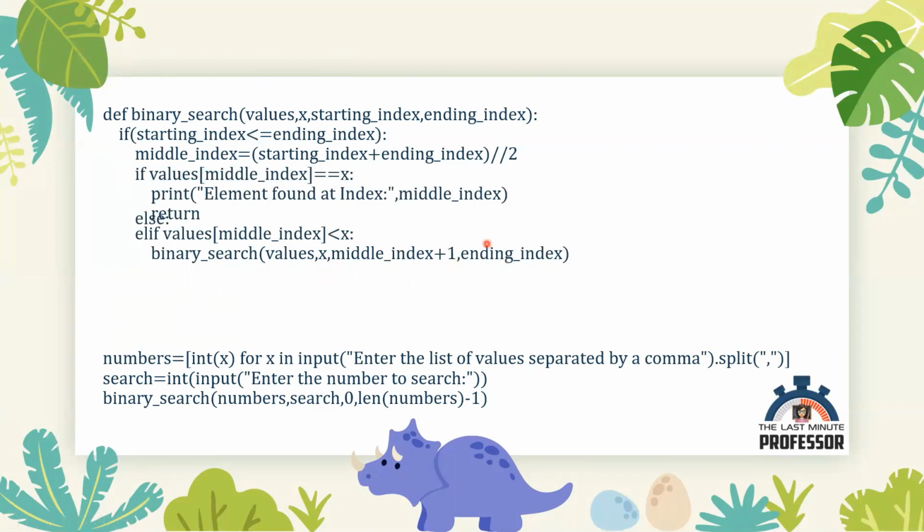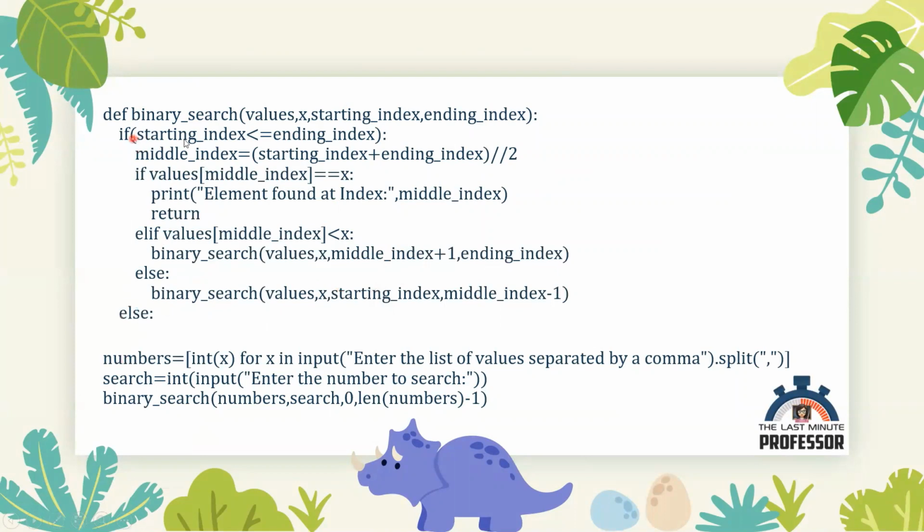The other possibility, that is under the else part, means the middle element is greater than the search element. In that case, I am again calling the same function, that is, recursion is a function calling itself. So here when I'm calling the same function, the starting index remains the same, whereas the ending index is middle index minus 1, searching to the left.